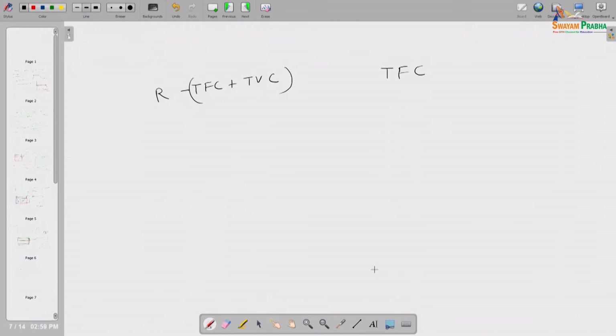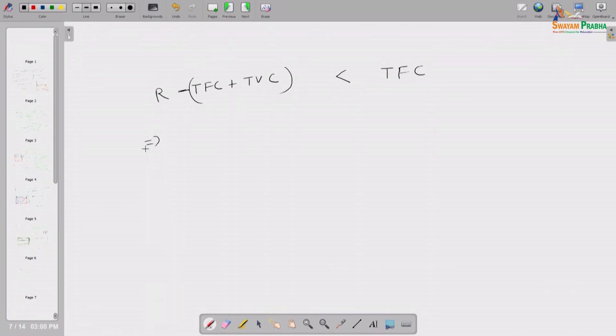So, he will stop production when this is the situation: total fixed cost is more than this entire thing. So, that means what?